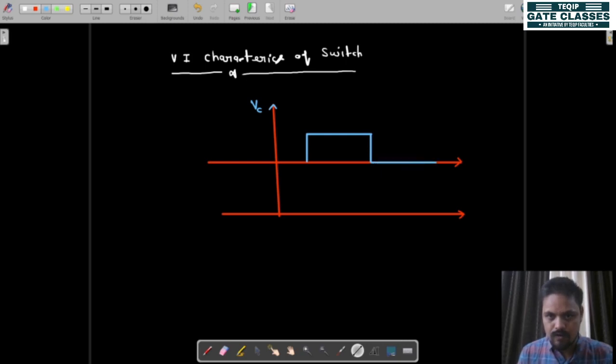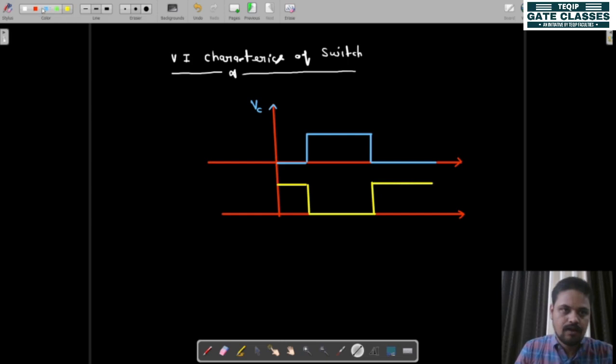Then it is 0 and here it was 0. Then when this is in off condition, there will be voltage across the switch. When it will be on, this voltage is going to be 0, and again when this device is going to be off, voltage across switch is there.